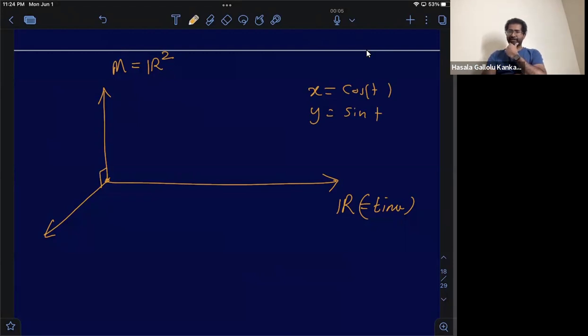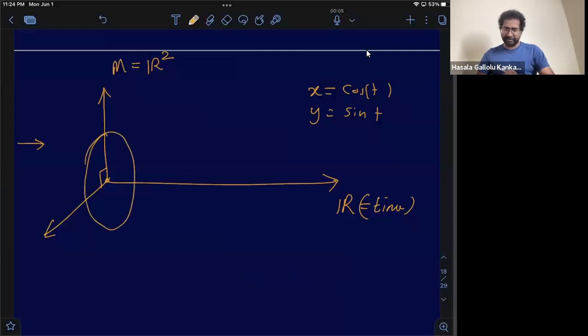If you consider this scenario, you can see it is spiraling. If you consider it from this angle, it's none other than just a circle. But what's really happening is it's spiraling, but at the same time, it's progressing in this direction.